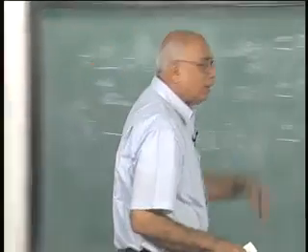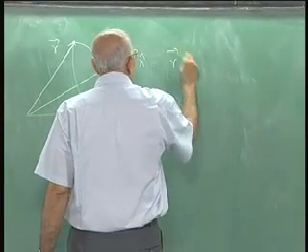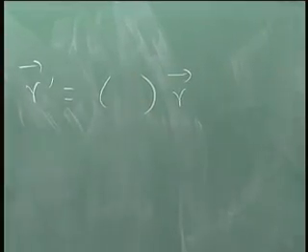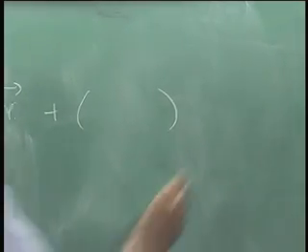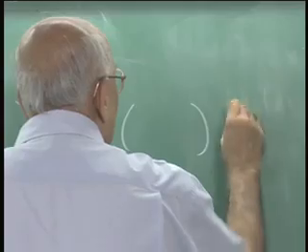So r prime must be equal to something times r itself, plus something in the direction of n, plus something in the direction of r cross n.